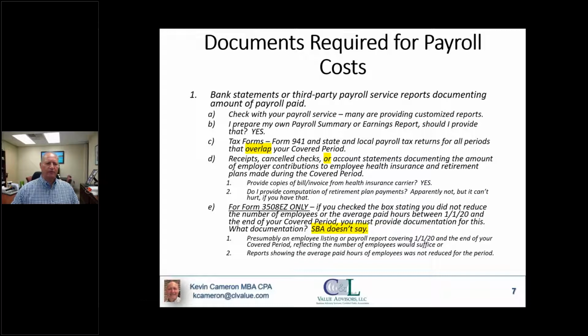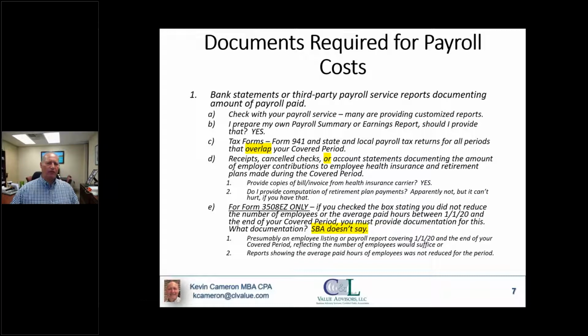The receipts or canceled checks or account statements documenting the amount of employee health insurance and retirement plan contributions made during the covered period are required. Notice I highlight or, because it seems based on the information that you don't have to provide all of this. One of these 3 items would suffice, which is very interesting because it doesn't ask you for proof of the retirement plan contribution calculation.